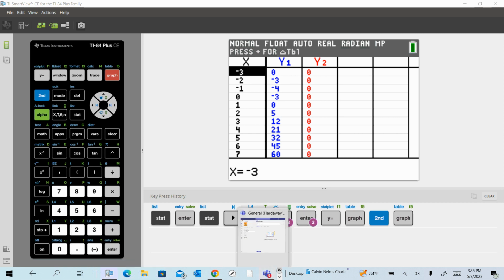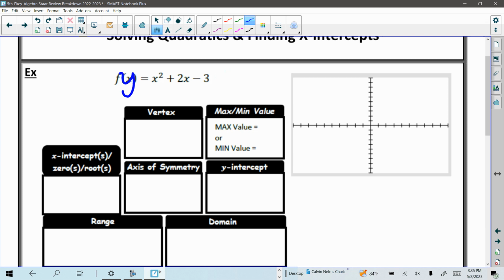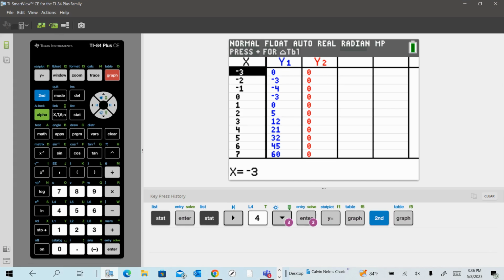So when I go to the graph, the vertex we know is at -1, -4. So -1, 2, 3, 4 is right here. Then the pattern is 0, -3, and then 2, -3. And then if we look again at our values after that, -3, 0, and at 1, 0.